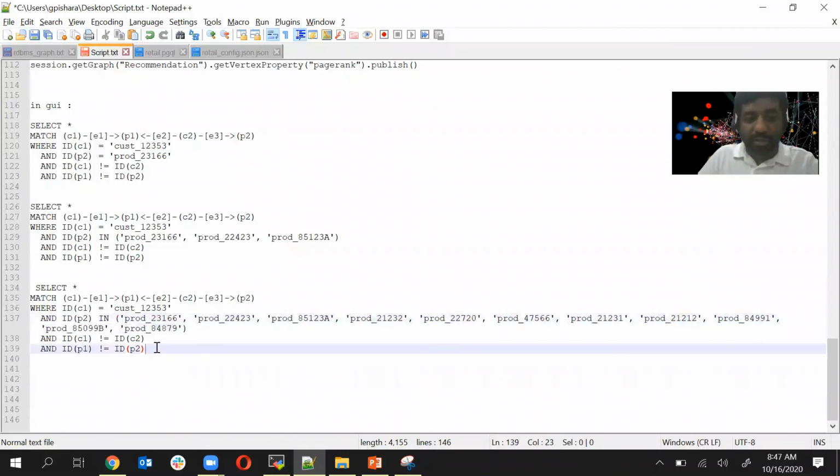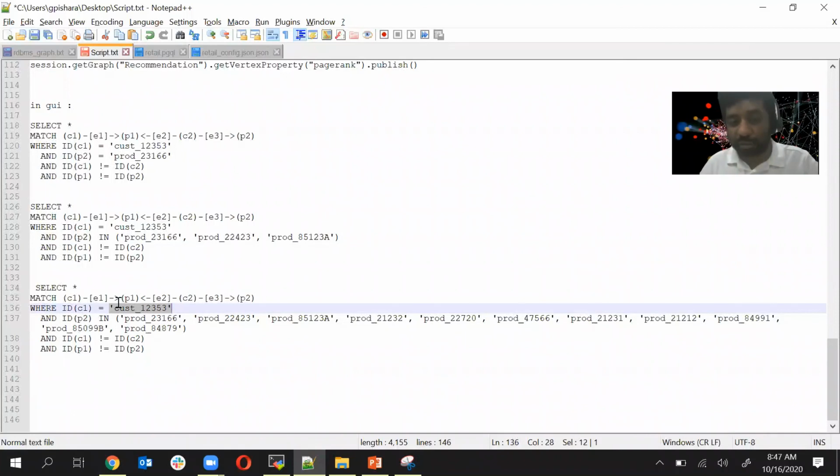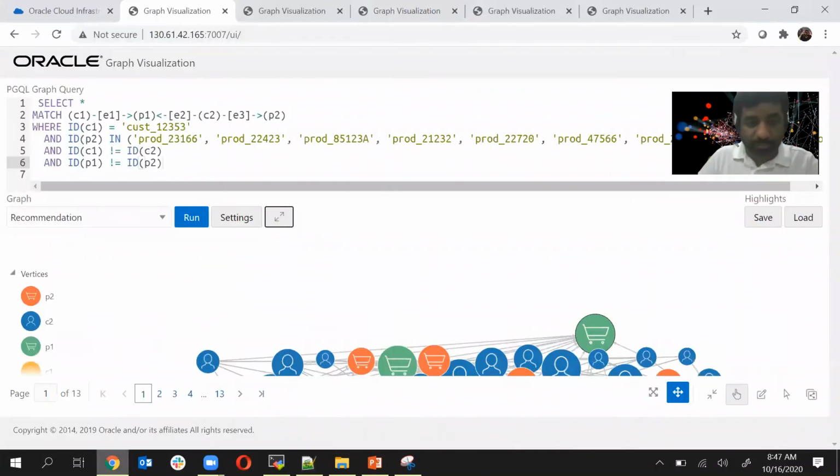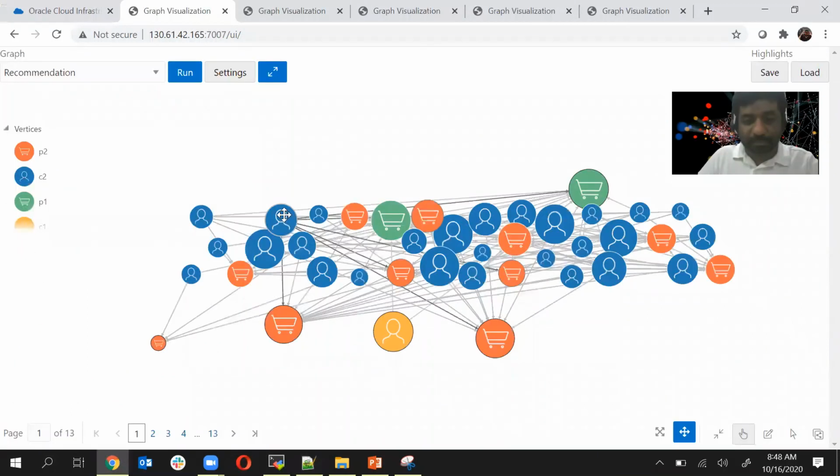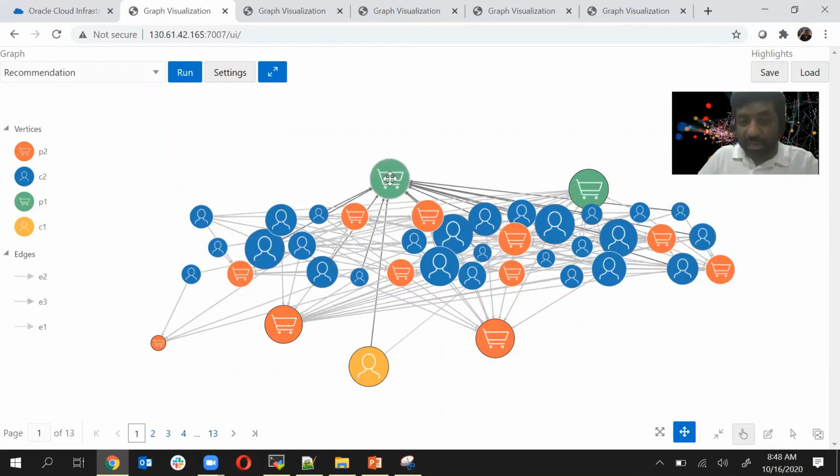And now I'm trying to identify the closeness between this particular customer and why those products were offered to me as part of a recommendation, by trying to reveal the information on the other customers. So here I can see that this is my customer 12353, and then I'm connected to multiple different customers. So you can see the green basket as well as the red basket.